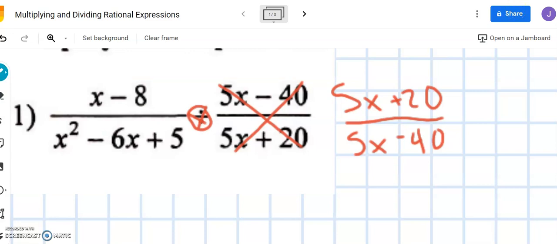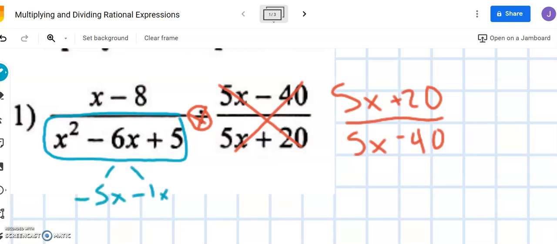So for the denominator over here, I want to split the negative 6x into something that will multiply to 5. I know I can do negative 5x and then negative 1x, because negative 5 times negative 1 will give me positive 5.